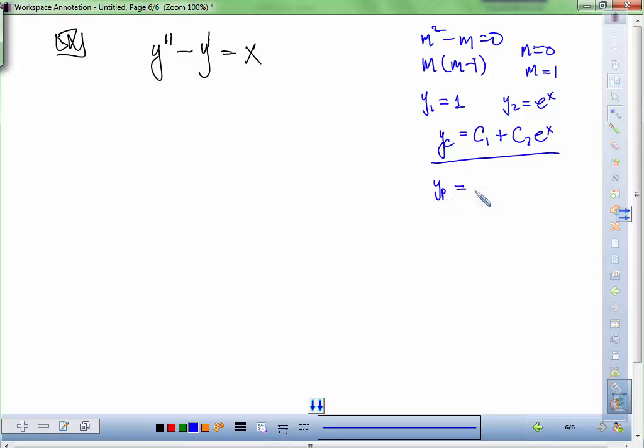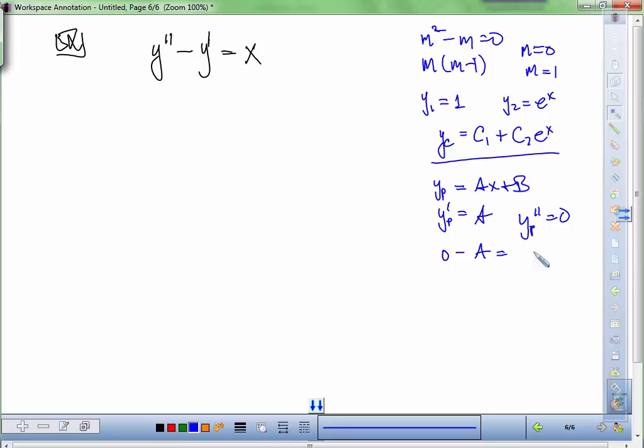yp is going to be ax plus b. yp prime is going to be a. And yp double prime is equal to 0. So when we plug it into the equation, we get 0 minus a is equal to x.